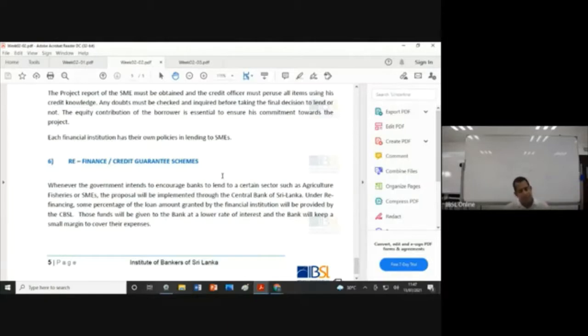But whether you collect money from the ultimate borrower or not is not the issue of the government. It is the issue of the central bank, issue of the participating credit institution, the bank, right? Therefore, we keep a margin, maybe 3%, maybe 4%, but there will be a cap to the amount we can keep. So it is always below the market rates.